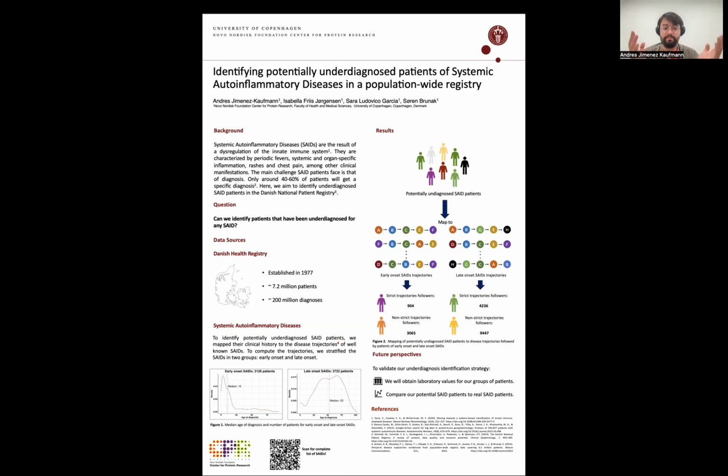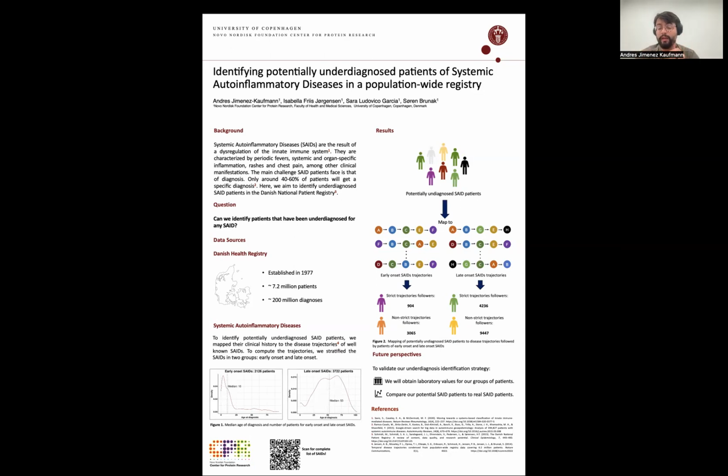So first, what are systemic autoinflammatory diseases? These are a group of rare diseases that are the result of the dysregulation of the innate immune system. They are characterized by symptoms such as periodic fevers, systemic and organ-specific inflammation, rashes, chest pain, among others.